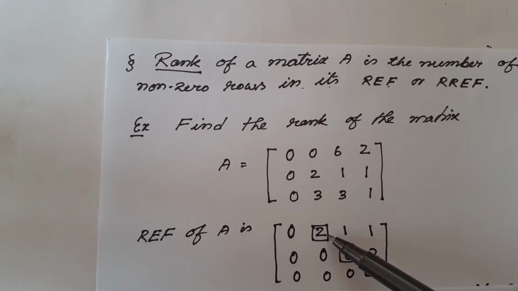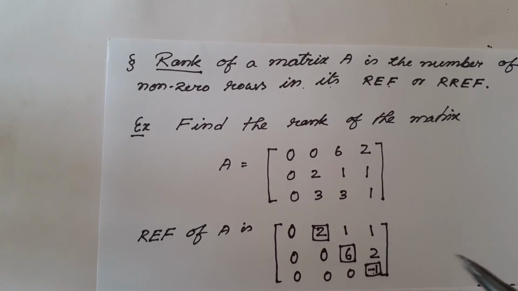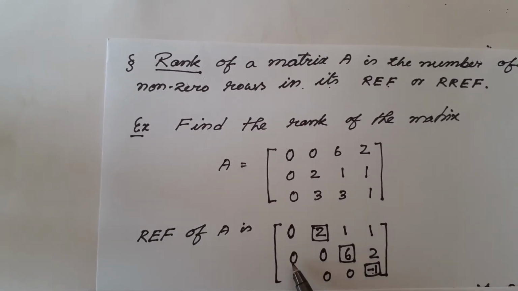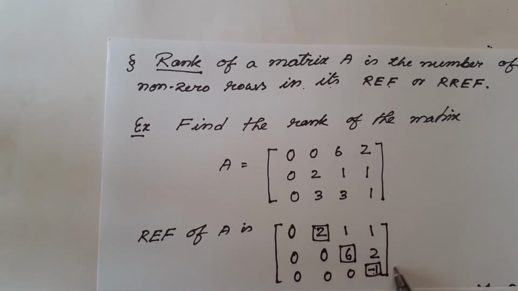The pivot is 2, 6, minus 1. Now look into this row echelon form carefully. First row has a non-zero entry, so it is a non-zero row. Second row also has a non-zero entry, so it is a non-zero row. Third row also has a non-zero entry, so this is also non-zero row. So the number of non-zero rows here is equal to 3.